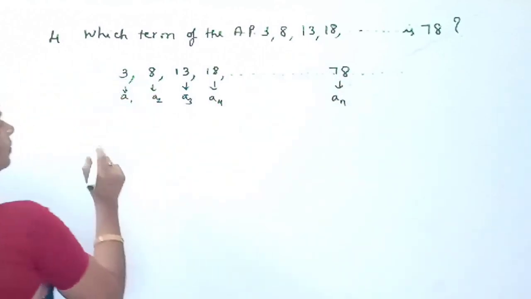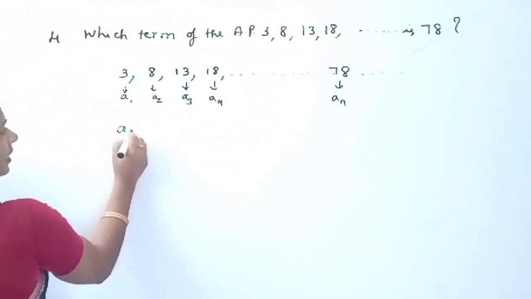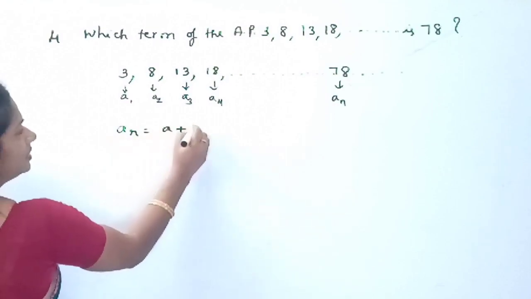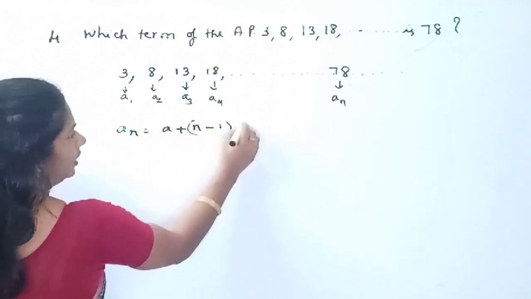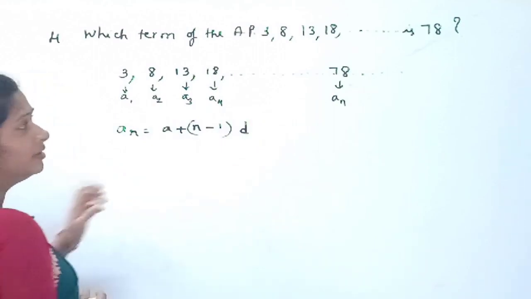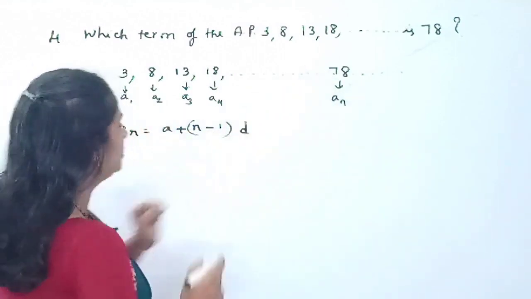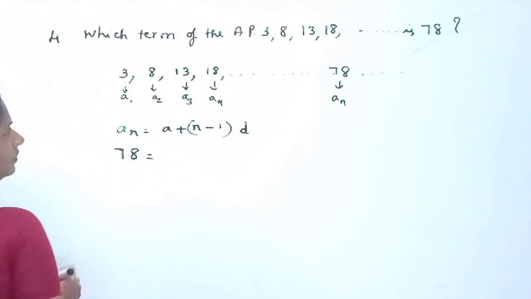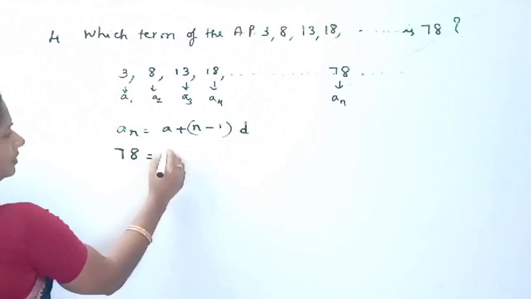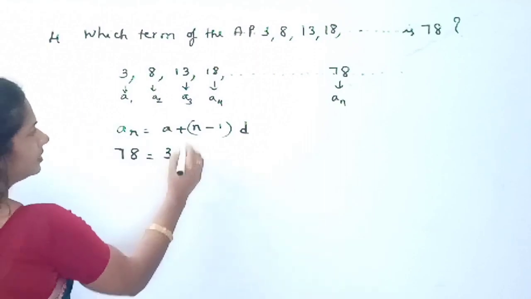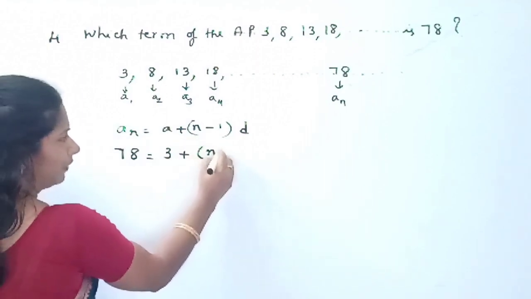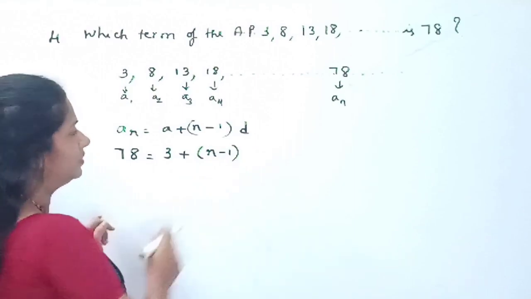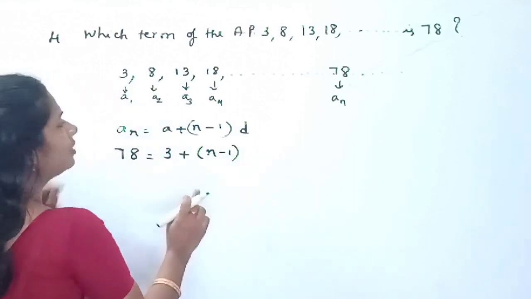Is it clear? So what is the formula, children? AN is equal to A plus N minus 1 into D. So AN value is 78. Let us substitute the value. 78 equal to first term is 3, plus N value you have to find out, children, minus 1 into D. So D is the common difference.